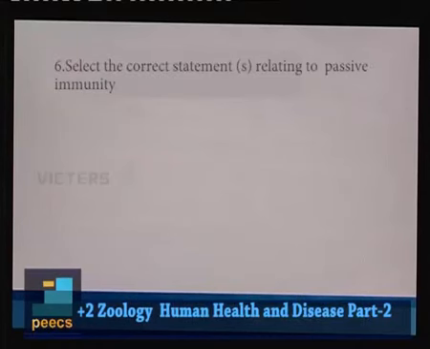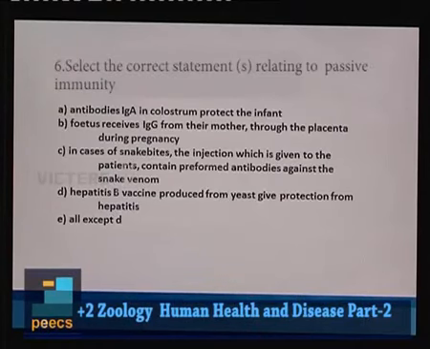Now, coming to question number 6, which of the following is passive immunity? Here you have a set of options, and from these you have to pick the passive immunity. What is passive immunity? It is the immunity attained by the direct entry of antibodies into our body.